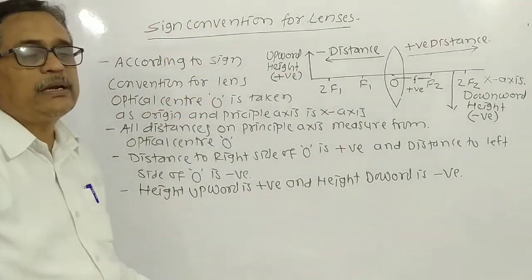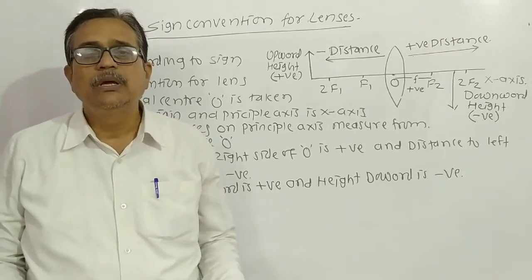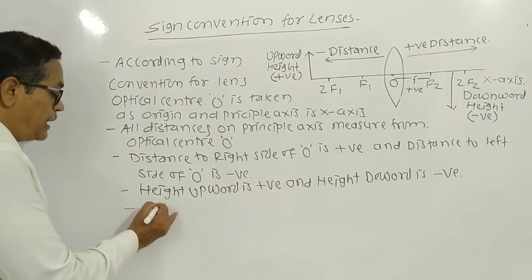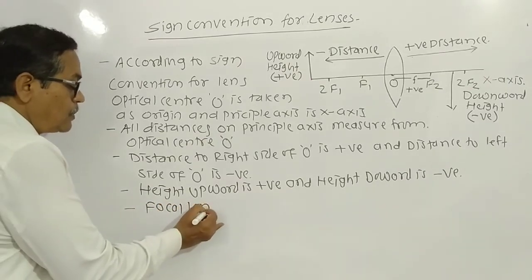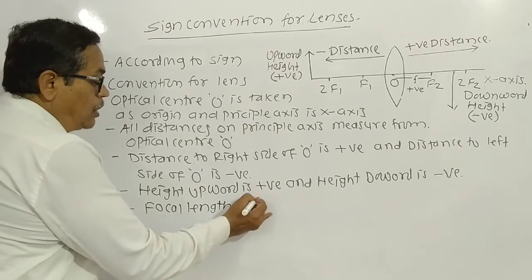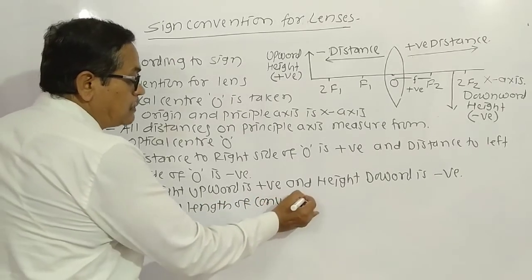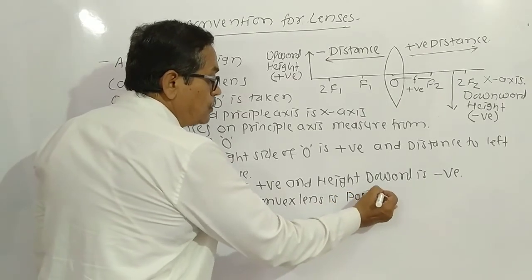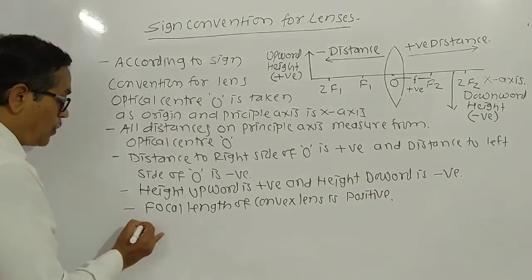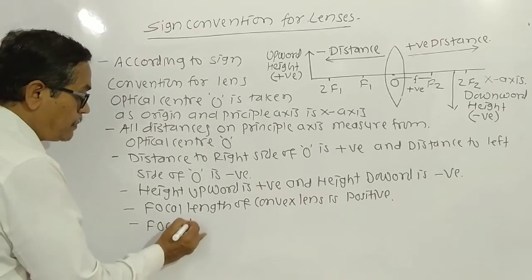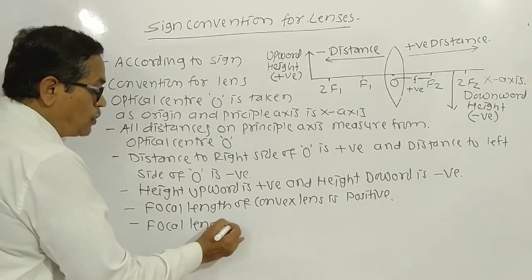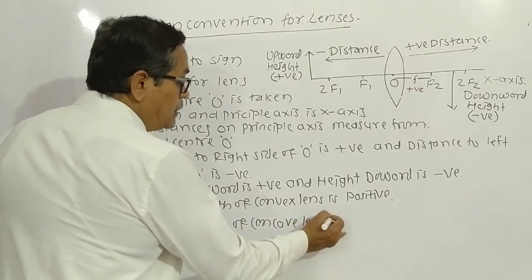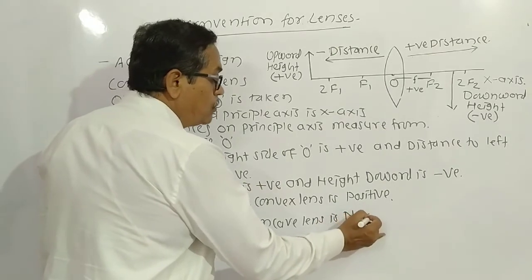And you know what is focal length? Distance between focus and pole is called focal length. In this way, focal length of convex lens is positive and focal length of concave lens is negative.